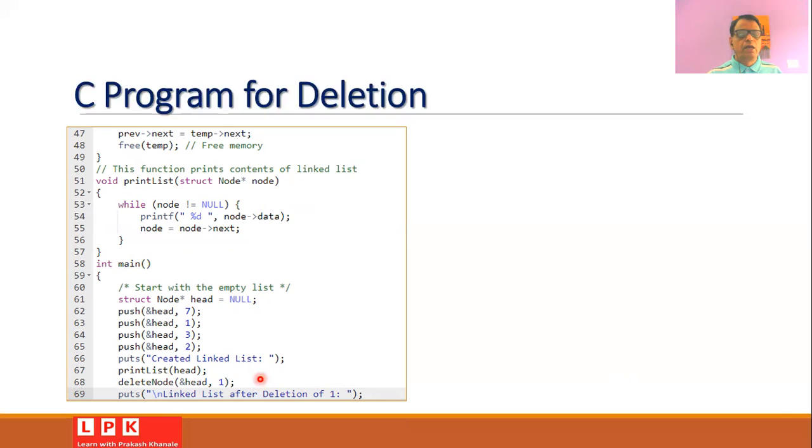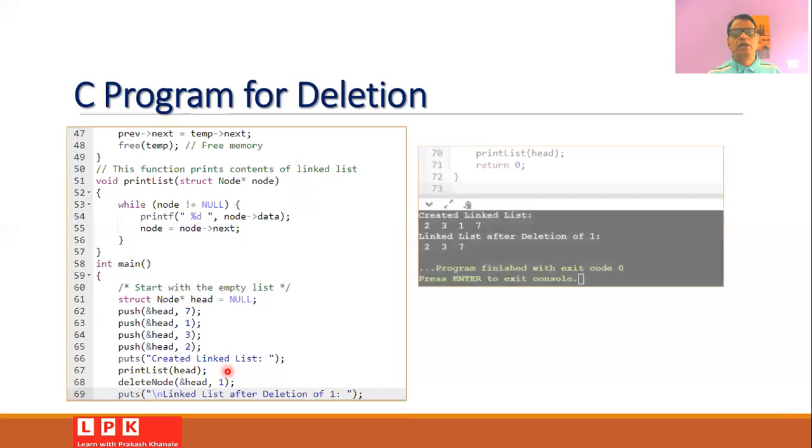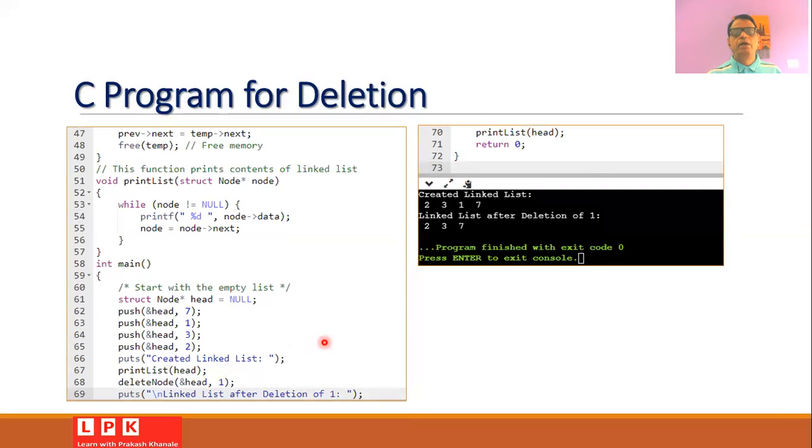Now, one can make use of the delete node function in order to delete a particular element from the linked list. Suppose we want to delete the element of which the key value is 1. And once the element is deleted, then we can print the remaining list. So whenever you type such a program using any online C compiler and execute it, you will get the message on the screen that the created linked list is 2, 3, 1, and 7.